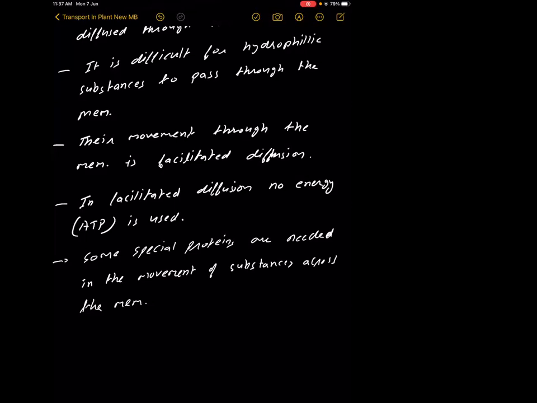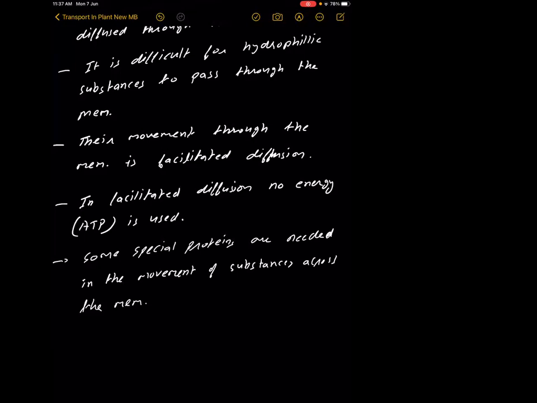Generally we say diffusion occurs from higher concentration to low concentration. But active transport goes uphill, from lower to higher concentration, because you are using energy, you are paying energy.